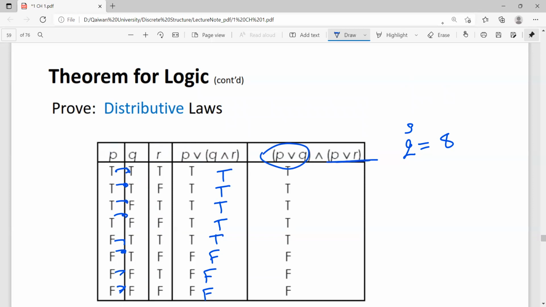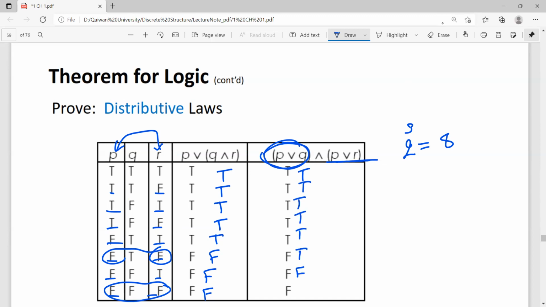And for P or R, we get true, true, true, true, true, false, true, false. So you get only 2 false, this one and this one. For P or Q, we get true, true, true, true, true, true, false, false.